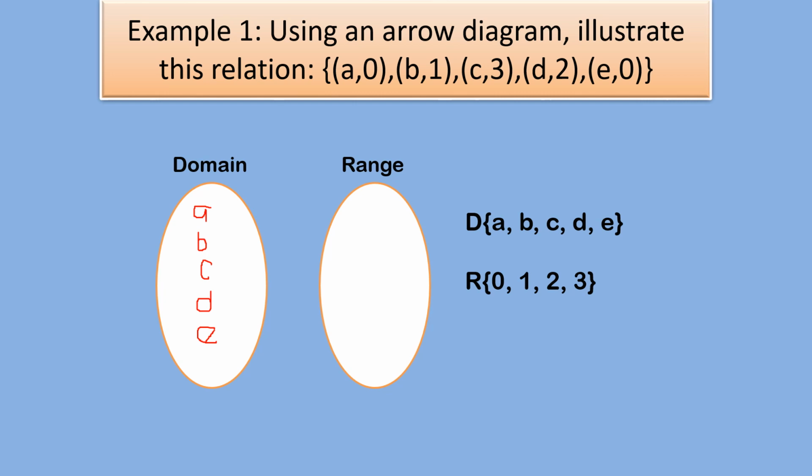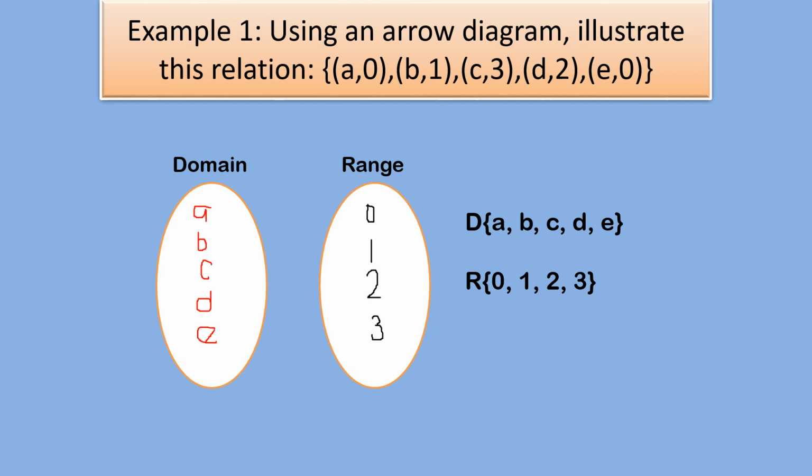So, 0, 1, 2, and 3. Okay? Now, kaso kulang pa yan. Ano kasing kulang dyan? Of course, what? Ang arrow. Okay? Because this is mapping or connecting diagram.